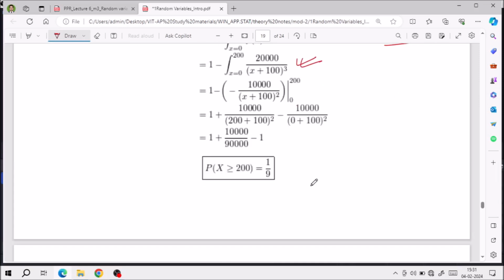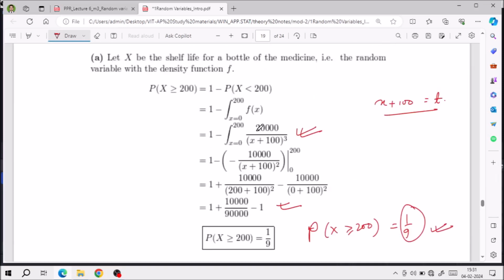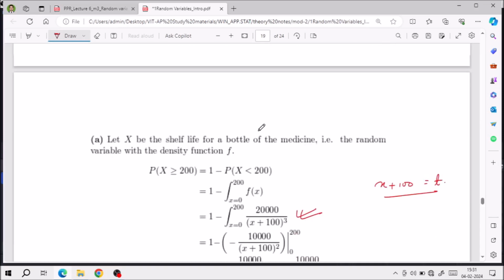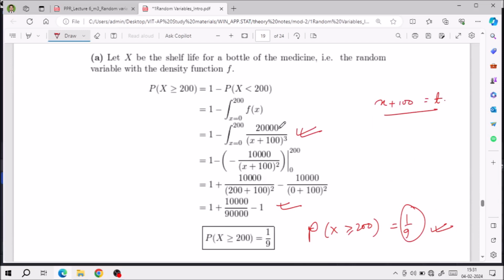Finally, after doing this integration, you will get this quantity, which is nothing but the probability of x greater than or equal to 200, that is 1 by 9. This is going to be the answer. So try to do the calculation by yourself. If it is not possible, then you can take help of this.